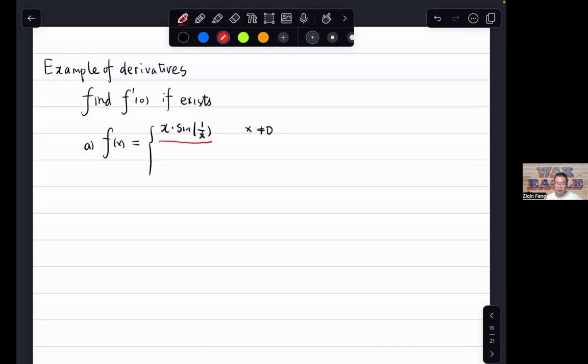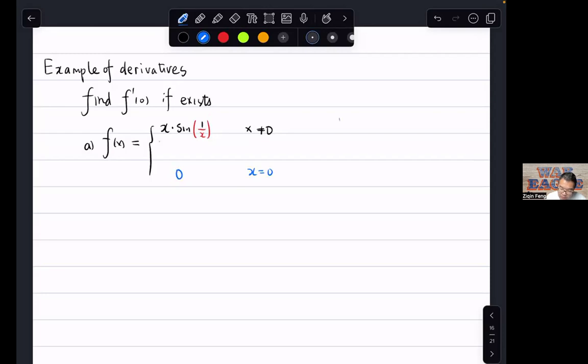If you plug in 0, you get 0 in the denominator, which means this is undefined. So when x equals 0, the function value is 0. By the squeeze theorem, we know that this function is continuous at 0.